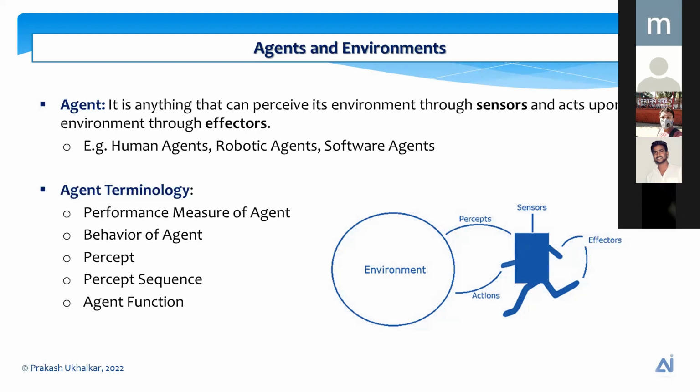So like this, right? Second is the robotic agent, which comes with vision as sensors. It could be cameras and some infrared rangefinders, and some motors or control parts as actuators or effectors.